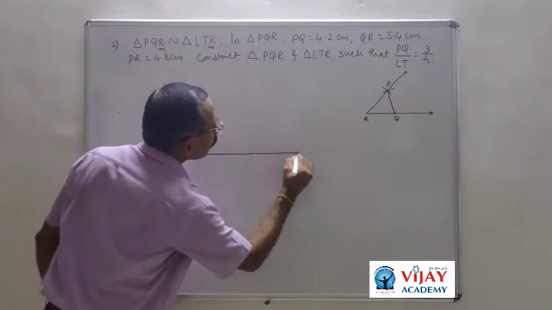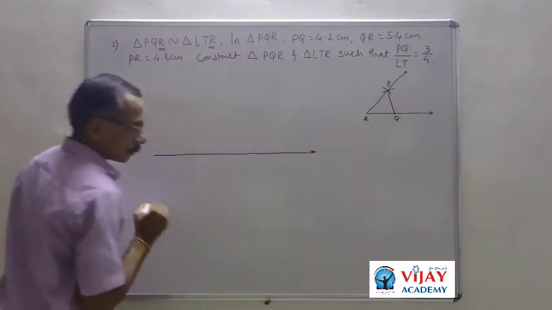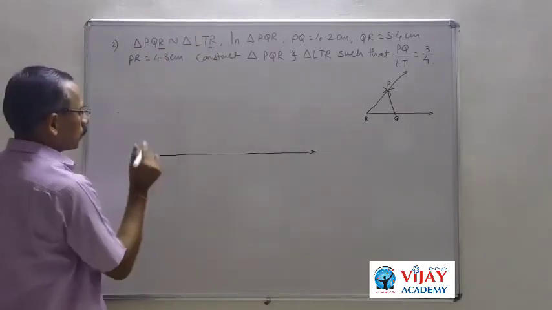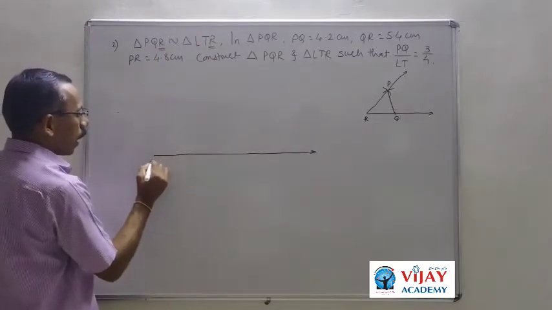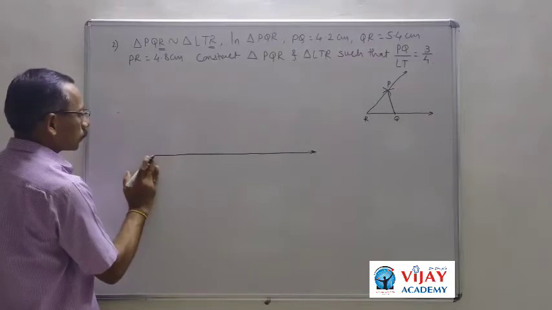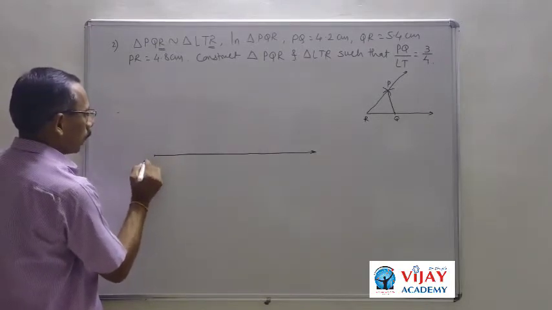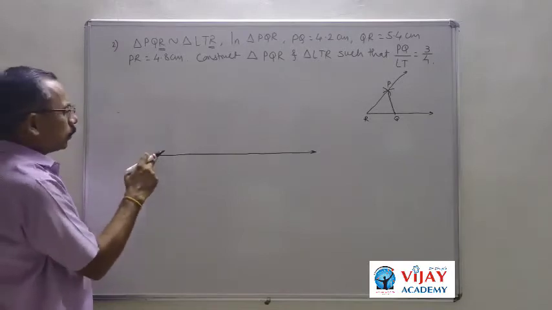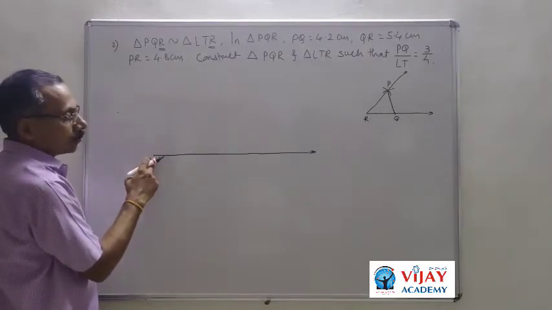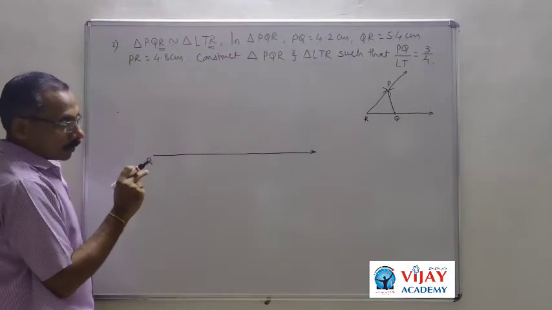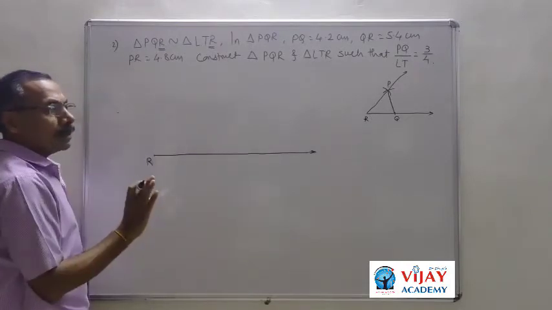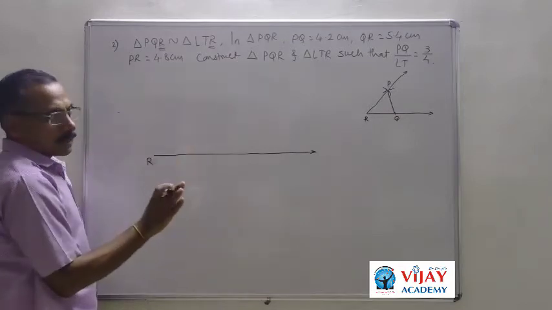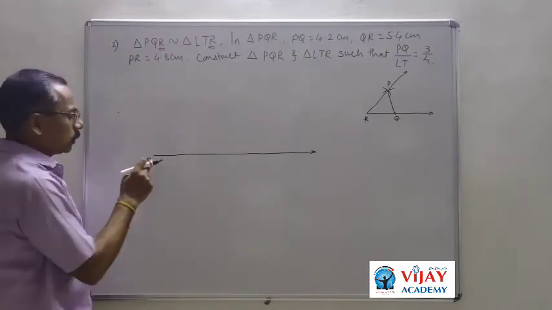Which vertex is common? R is the common vertex, so first we write down R here. Then QR is given, meaning QR is along the base. You can take PR also along the base, it depends on you. Generally QR has a larger value, so we take QR as the base.